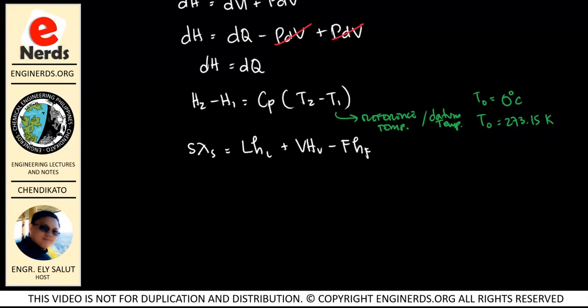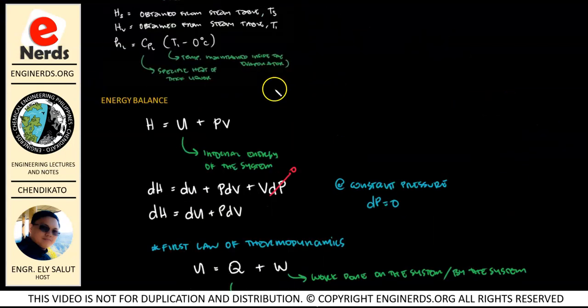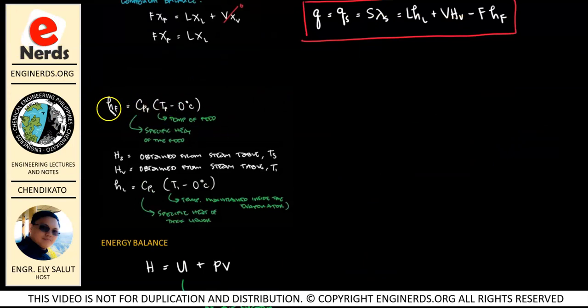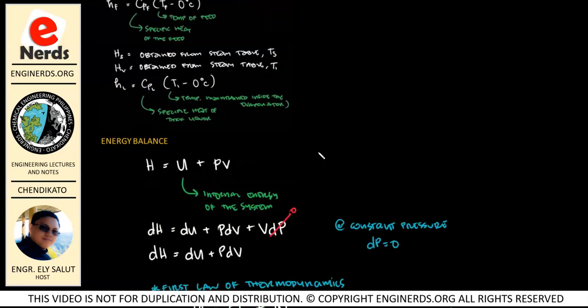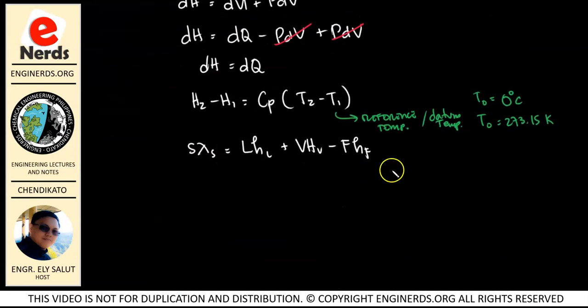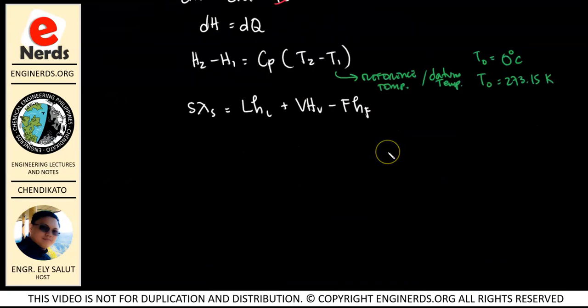That is why in the previous video, we derived HF which is equal to CPF times (TF minus 0 degrees Celsius). So that is what we consider as our datum temperature when it is not given in our problem. So let us just use T0 so we don't get confused. But we know that this means 0 degrees Celsius or 273.15 Kelvin.